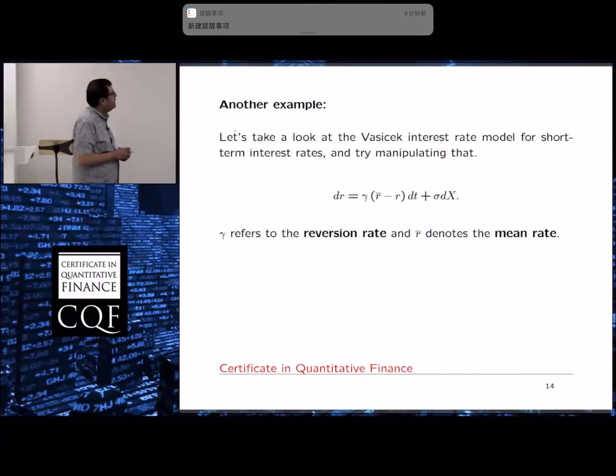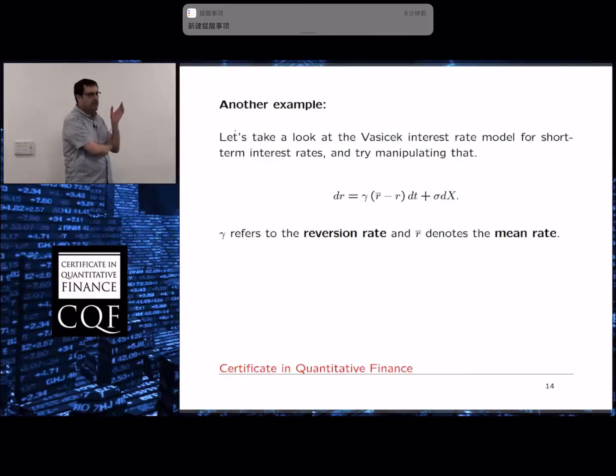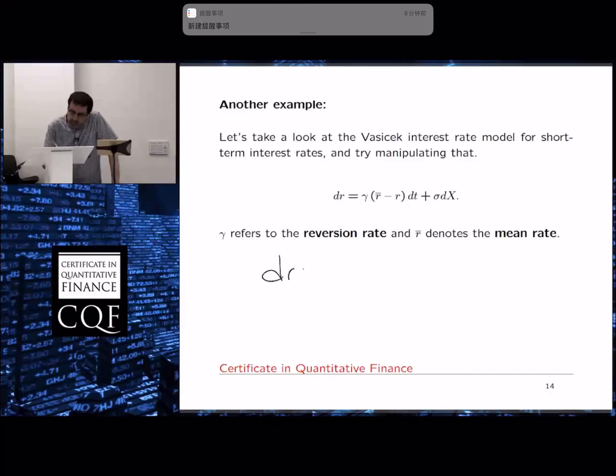Now, shall we look at an interest rate? We saw this the other day, and I described some of the dynamics of this model. So let's write it in exactly the same way we had it earlier. Remember, we wrote it this way.